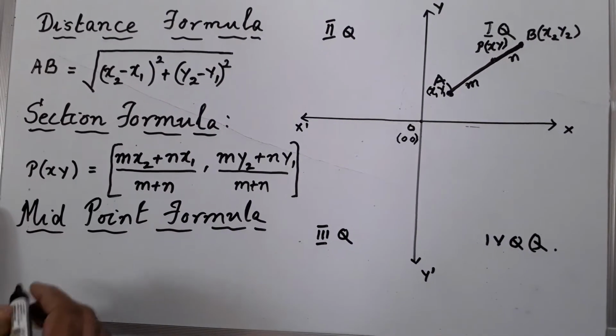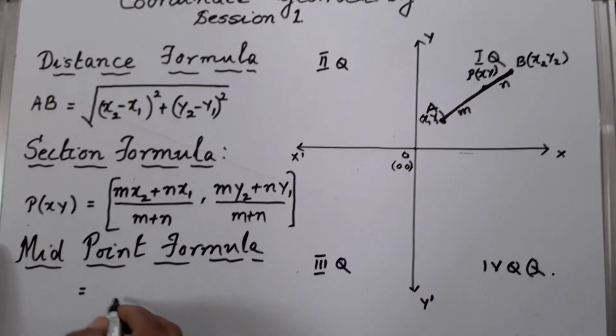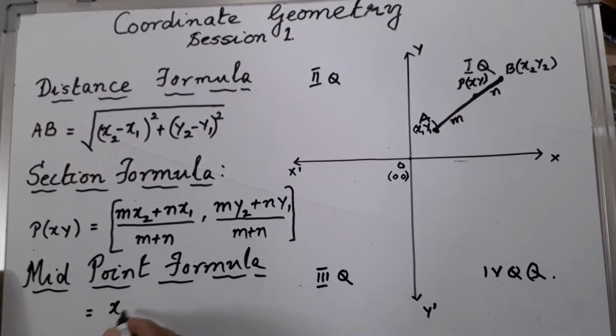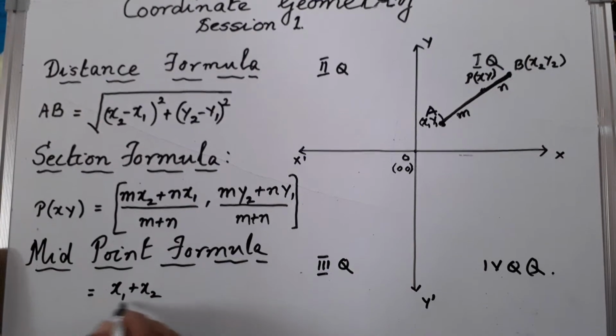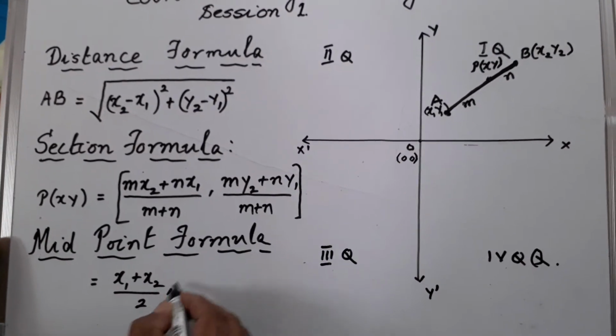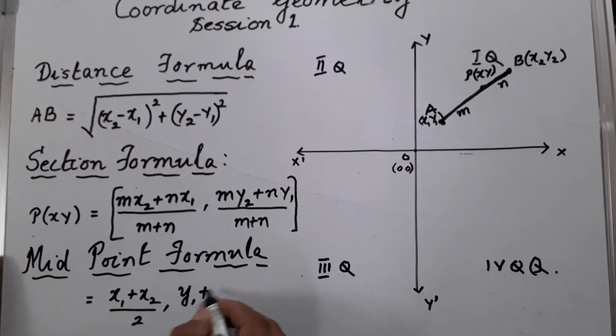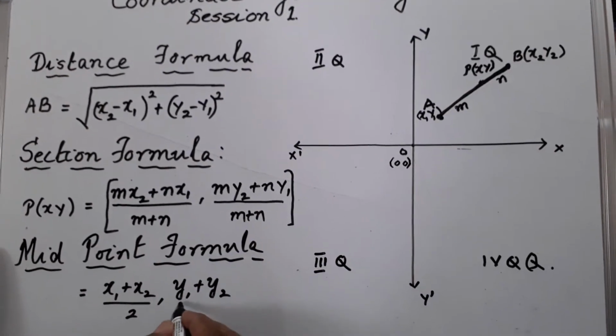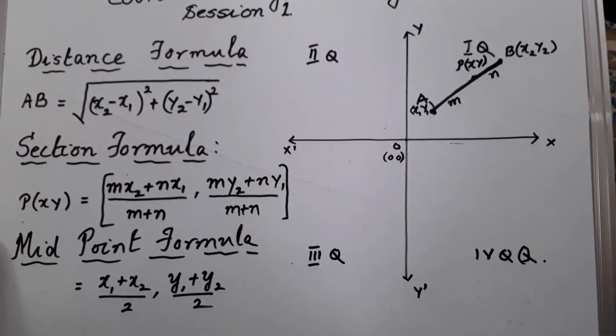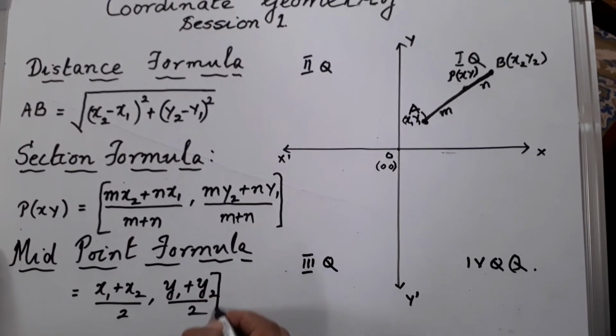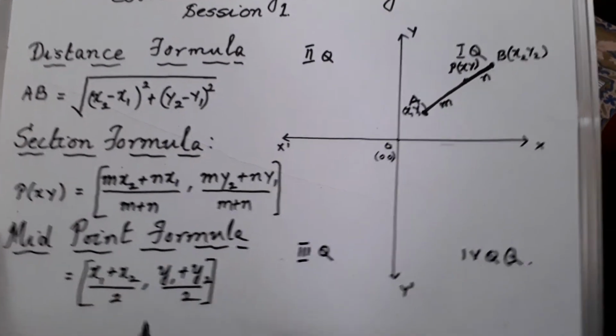The midpoint formula is given by (x1 plus x2) divided by 2 and (y1 plus y2) divided by 2. This is the midpoint formula.